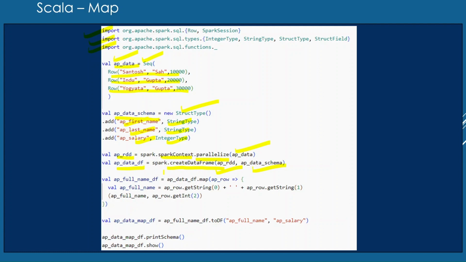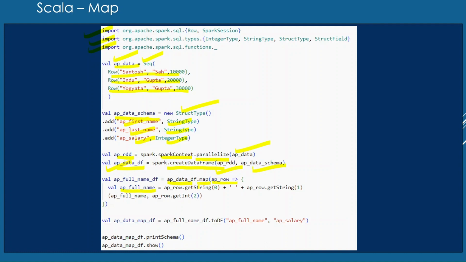Then I am applying the map function over this data frame, and I am getting each row from this data frame. I am creating a variable known as AP full name.